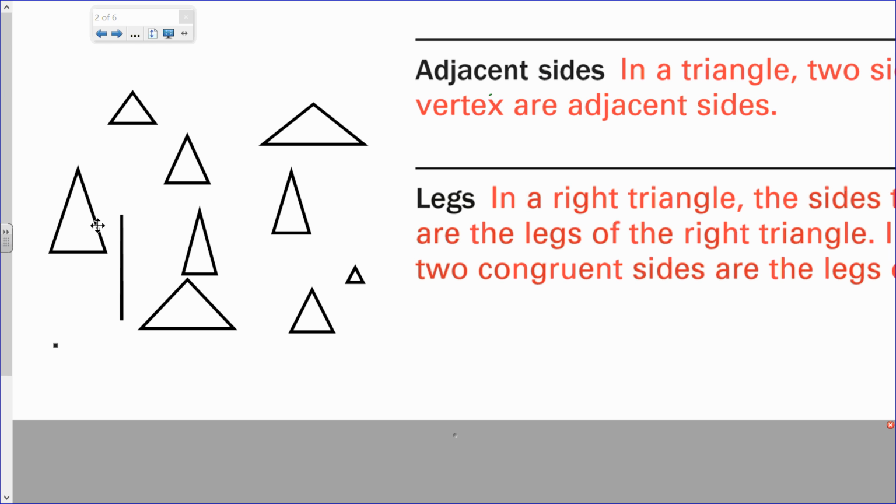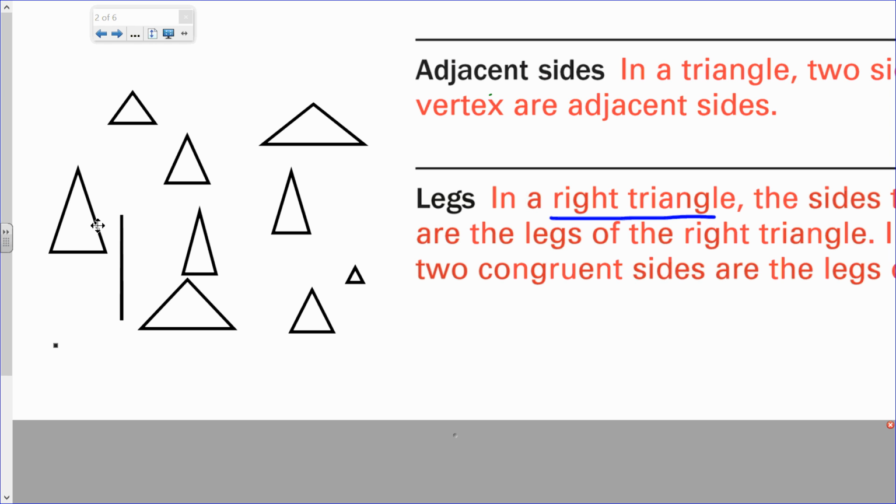My point here is that triangles come in infinite various shapes and sizes. These are all triangles. They're all three-sided, three angles inside. But there are certain kinds that are called right triangles.